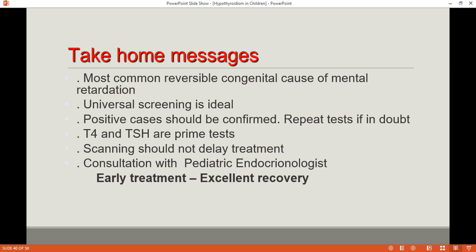Fortunately, pediatric endocrinology services are present in ICH, and every Wednesday and Saturday we see the endocrine patients, and on Saturday the thyroid patients come for follow-up. So you can come to the NICH OPD on Saturday and see these features and the treated patients. Last but not least, early treatment, excellent recovery.